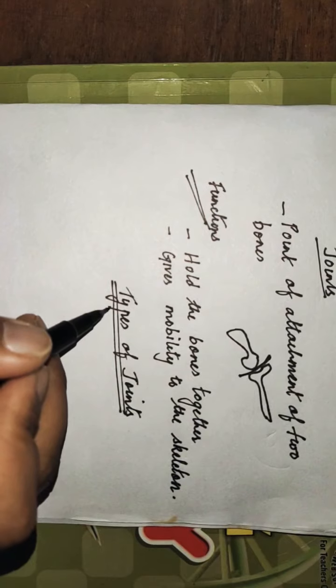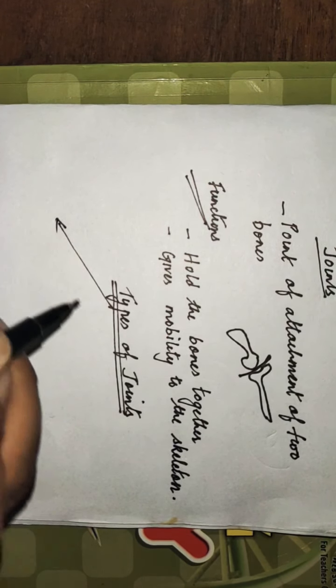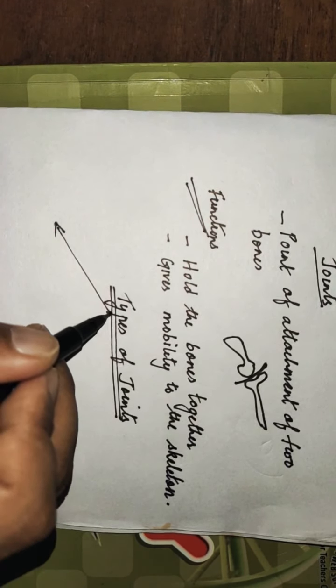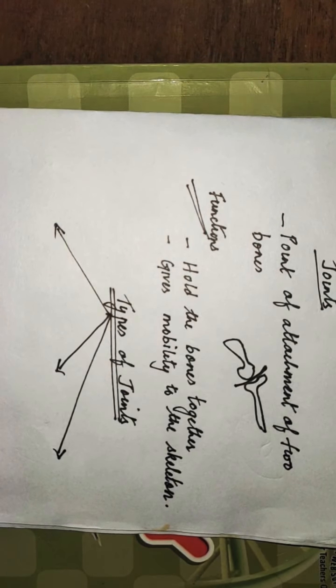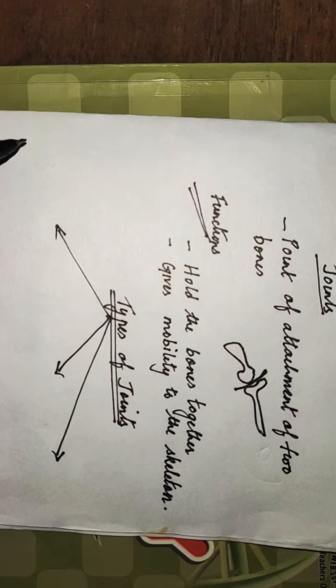So it has been divided into three parts. All right, so based on the amount of movement allowed by them, they have been divided into three types of joints.